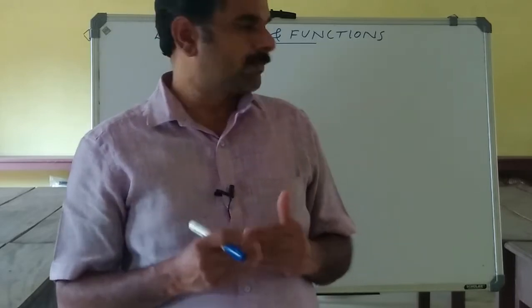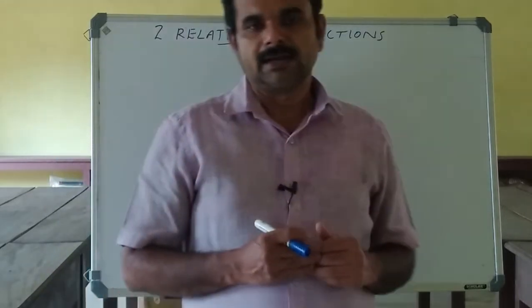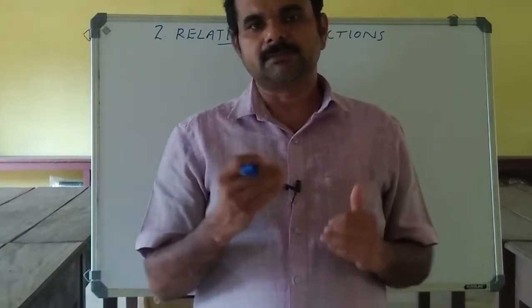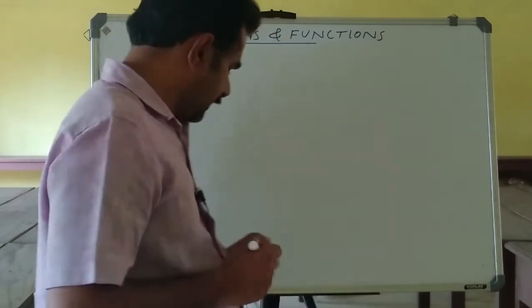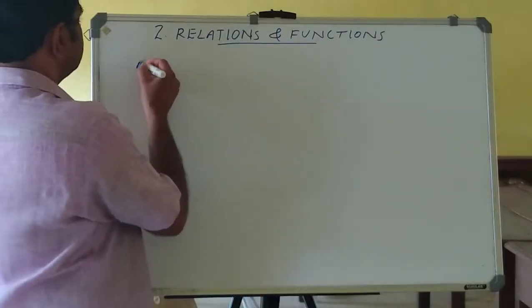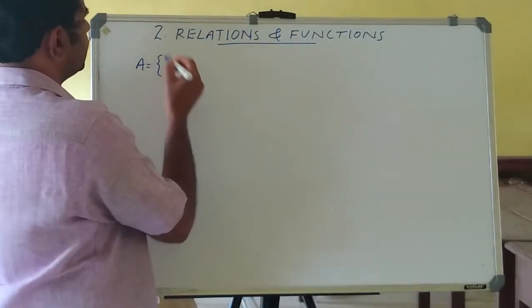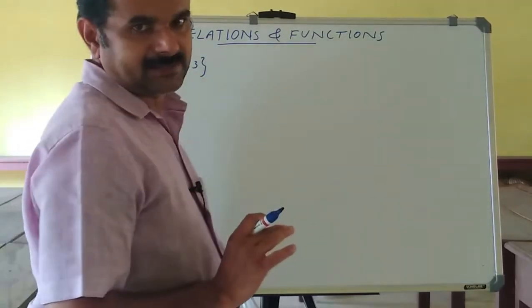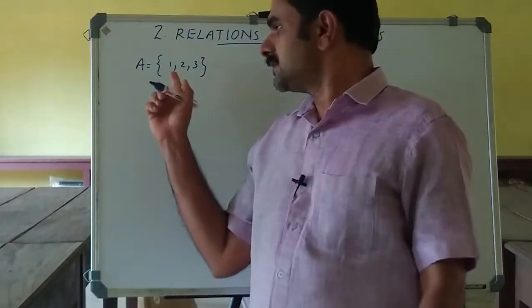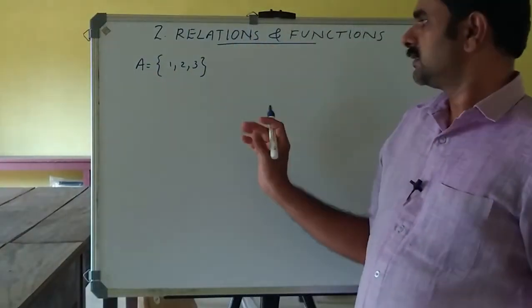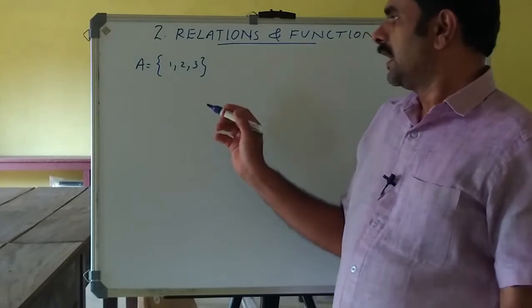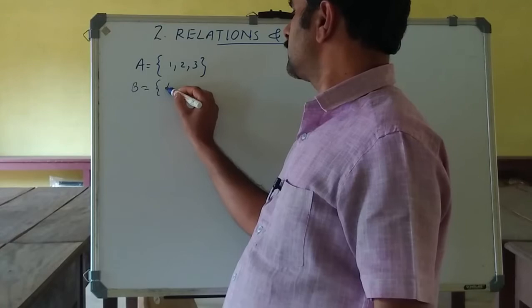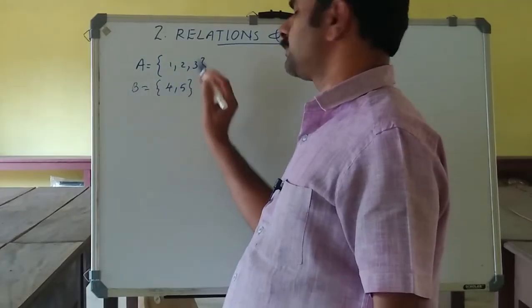For that, before starting this chapter, let us introduce once more the term set, and I am taking a set with the name capital A. It's a set {1, 2, 3}. It's a finite set, isn't it? Number of elements in this set is finite or countable, isn't it? Another set B is equal to {4, 5}.